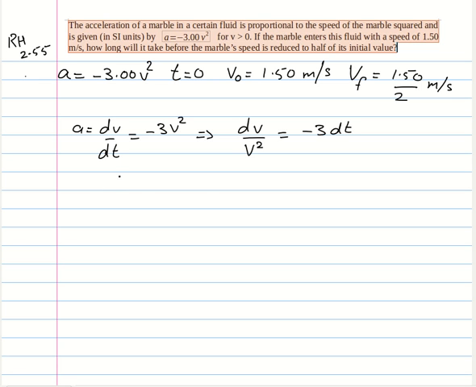Now if we integrate it from time t = 0 to some time, say tf, the integral of -3 dt is the same as the integral from v initial to v final of dv by v².